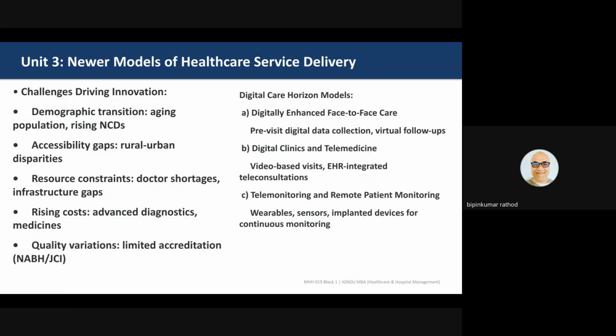Now let's talk about the newer model of healthcare service delivery. Most of the time we are talking about how we can effectively and efficiently use digital tools and technology. But most of the newer models of healthcare service delivery nowadays are actually happening via digital. And why is that so?